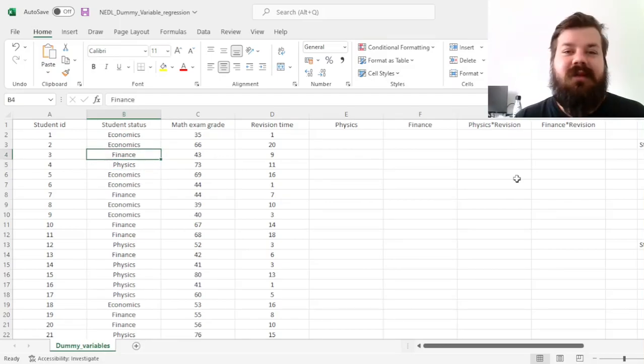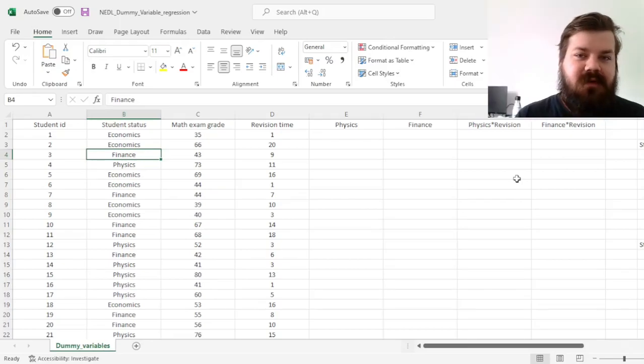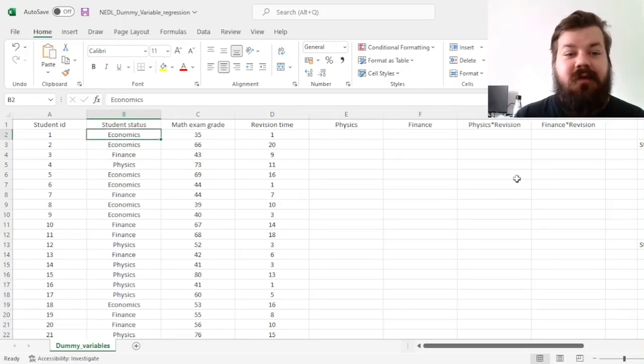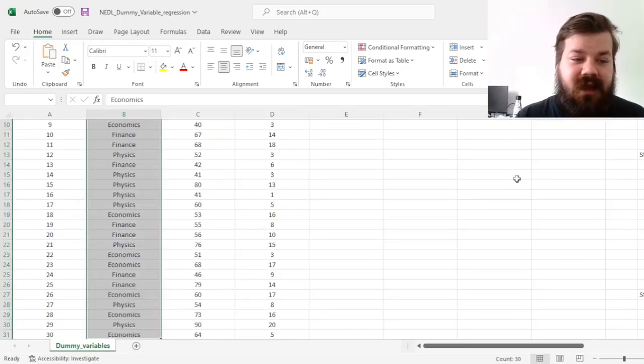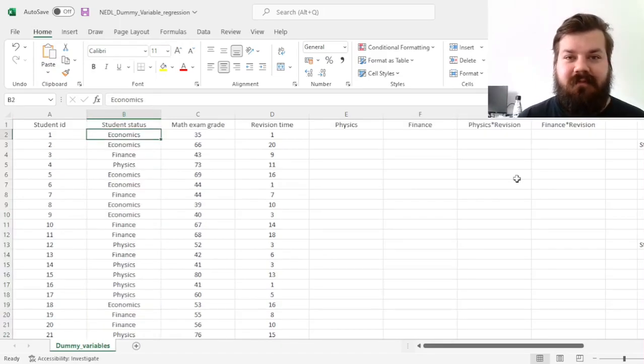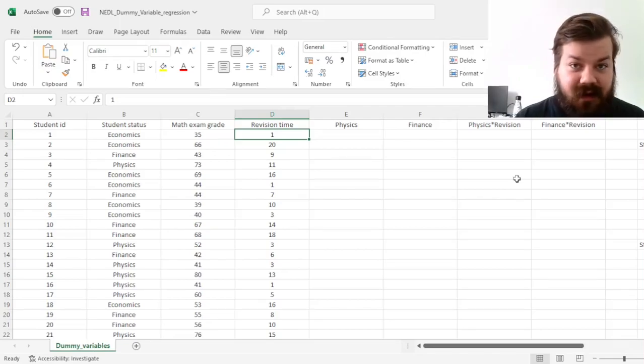Do physics students do better than economics students? Perhaps finance students are doing the best of them all. And perhaps also how categorical variables, qualitative data such as the major, where the student comes from, so basically their background, their interests, shape the relationship between exam performance and revision time to start with.